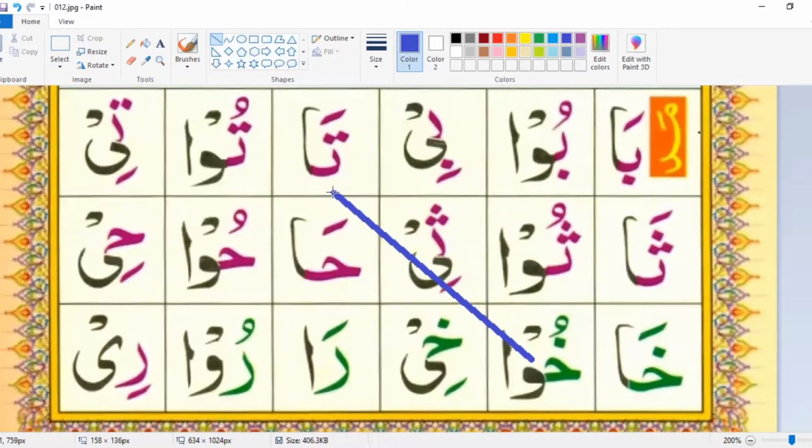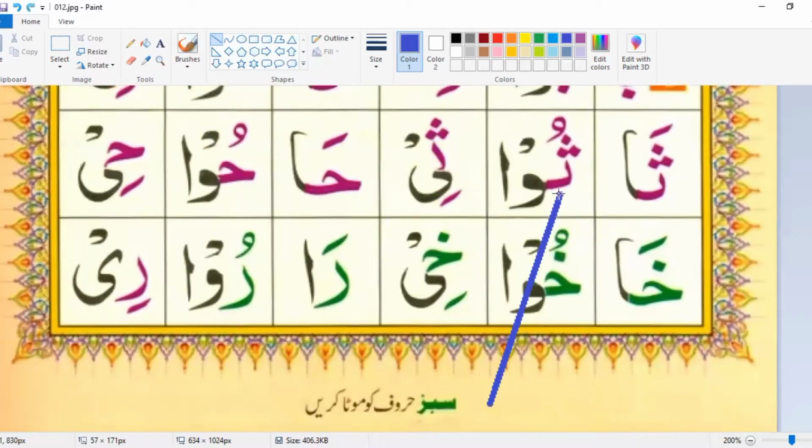Ta Alif Fatha Ta, Ta Waw Dhamma Tu, Ta Ya Kasra Ti.